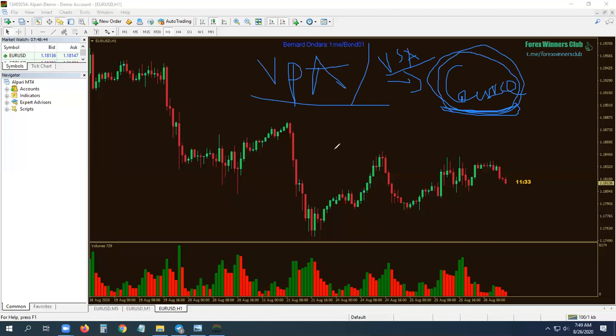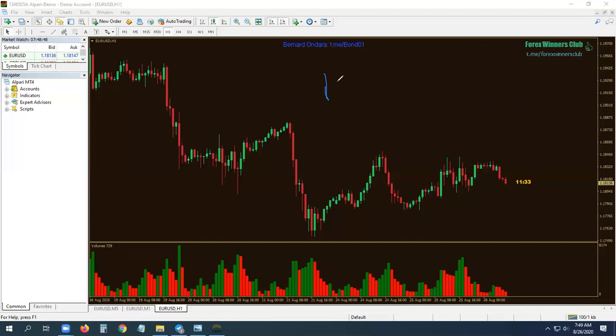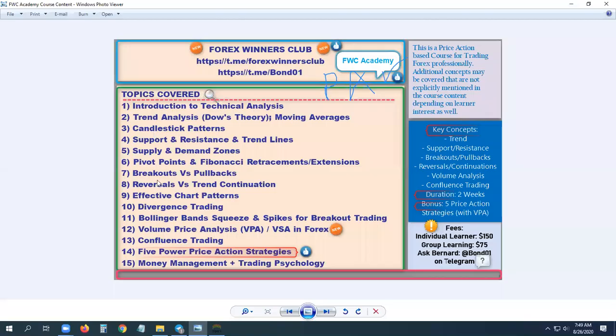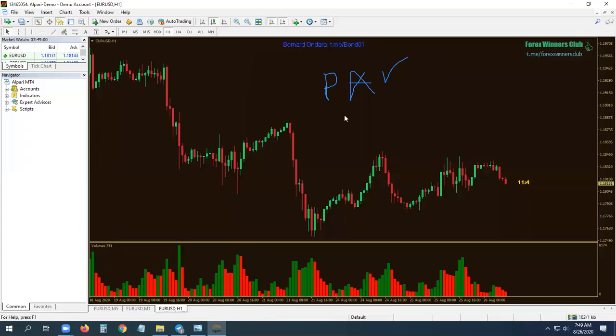From my experience in the market, I've known two things. Price action is powerful. This is what you have been learning. All of these things you've been covering are price action. Volume analysis is also powerful.